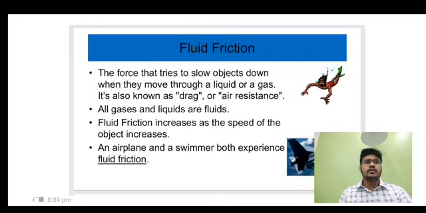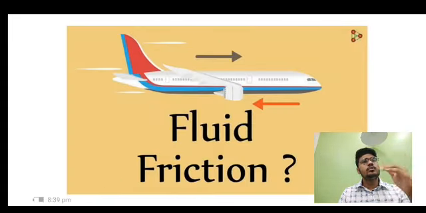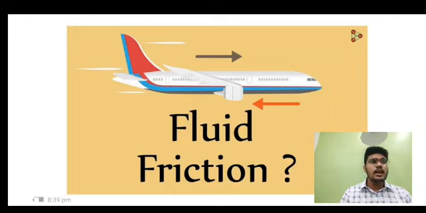Both swimmers and even the aeroplane, right? You can see this aeroplane is moving in air, and you know this point, to reduce fluid friction, the shape of that body is changed. We will learn again about how to increase and reduce friction. So here the shape of the aeroplane is somewhat different, right?